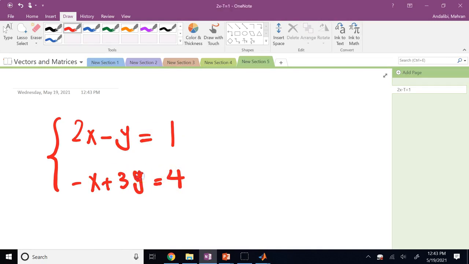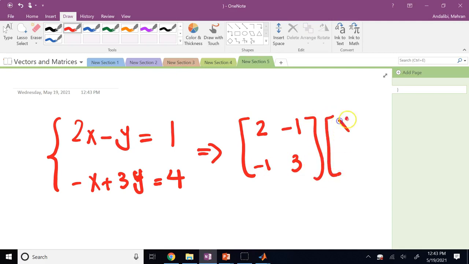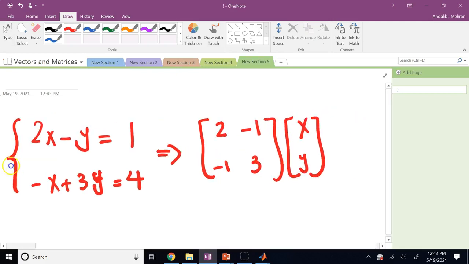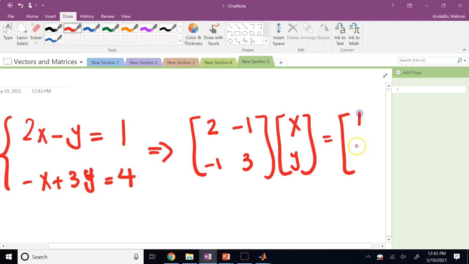As I told you in other videos, if you have watched them, you can write this in matrix notation: 2, -1, -1, and 3 times x and y is equal to 1 and 4. And here this matrix has non-zero determinant, as you know, and the right-hand side is non-zero, so it should have a unique solution. And that unique solution should be the inverse of this A matrix times the B matrix.